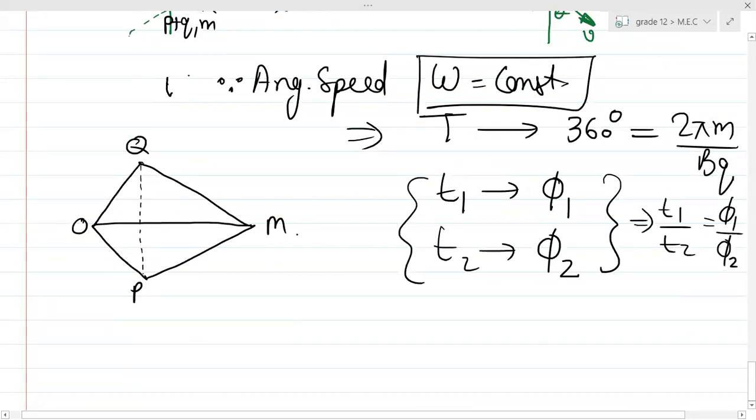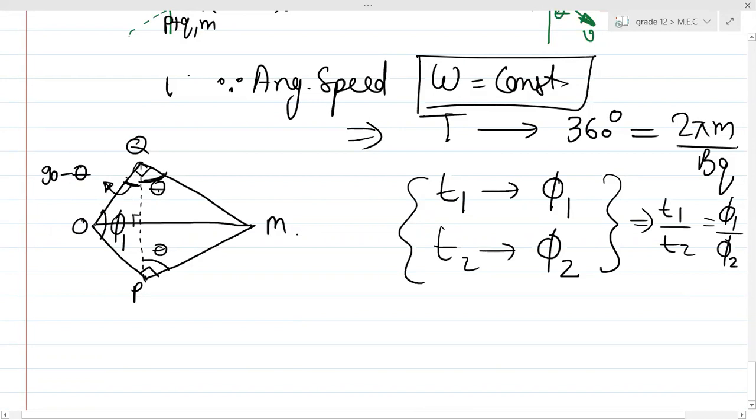This angle is given total phi 1. This angle is 90 degrees. This angle is 90 degrees. They have said this angle is theta and this angle is also theta. Tell me, if this angle is theta, then what is this angle? This is 90 degrees. This is theta. So what shall this be? Shall this be 90 minus theta? Yes or no?